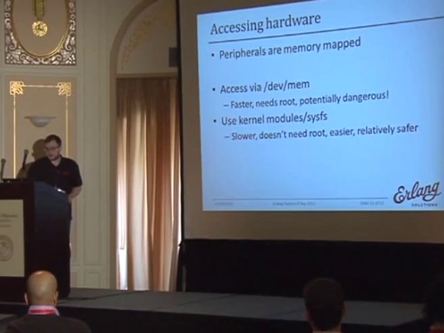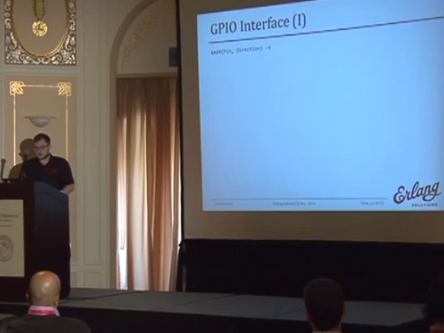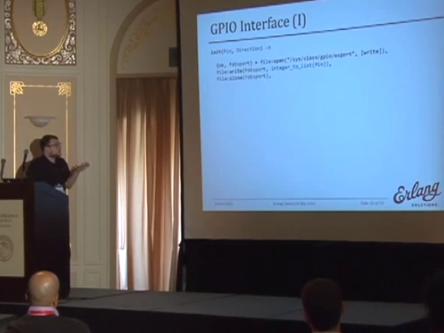As an example, I'll show you a little GPIO driver that we have. A GPIO is a general purpose I/O device, which is essentially a pin that can be an input or an output. So before we can use a pin, we have to initialize it via pin and direction variables. And the way we do it is very simple.